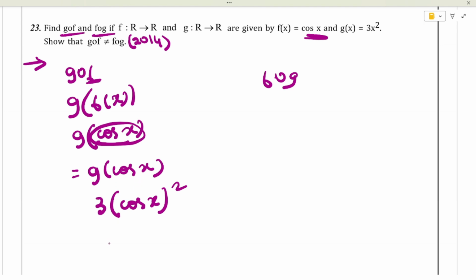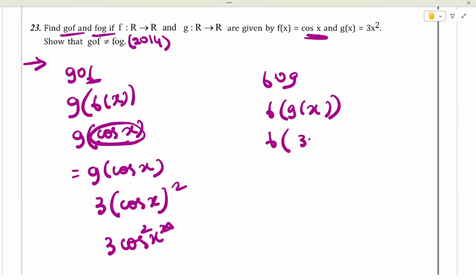That will give you what? 3 cos x square, or you can take it as 3 cos square x. Here also f, and keep g of x, that is function of some x, as it is. What is here? 3x square. In the place of x you substitute 3x square. Okay, cos 3x square.